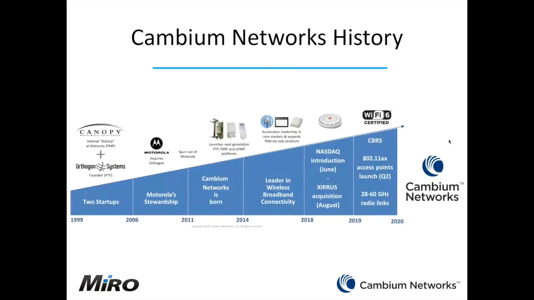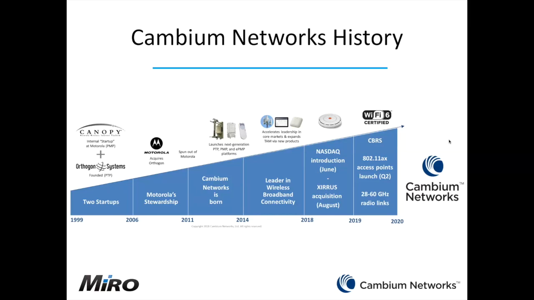Looking at Cambium Networks' history, for those of you who haven't heard of Cambium Networks before, I'd like to just get you up to speed. You'll definitely be hearing about them a lot more in the near future. Canopy comes from the merging of two companies called Canopy and Orthogon Systems, which were then acquired by Motorola.